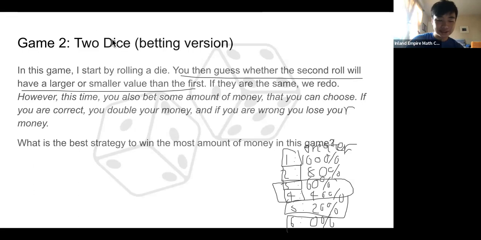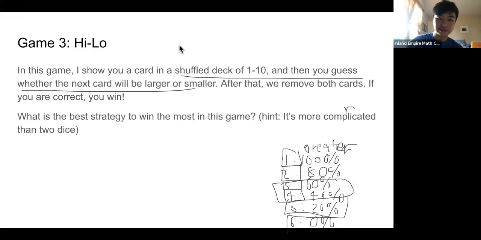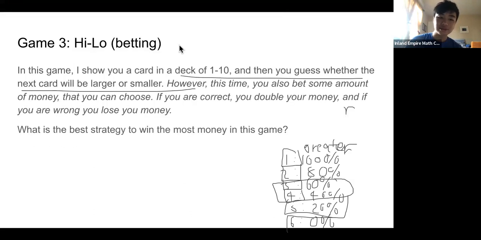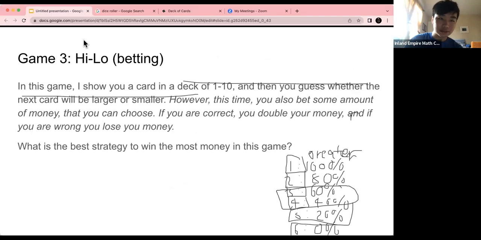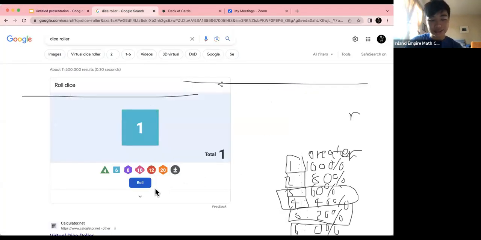So let's say that we start with a roll which is 4. Well, let's say that I just bet $1 here.